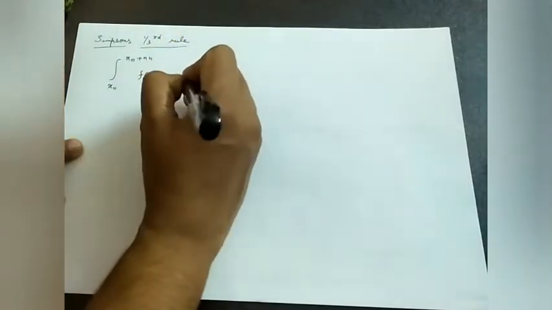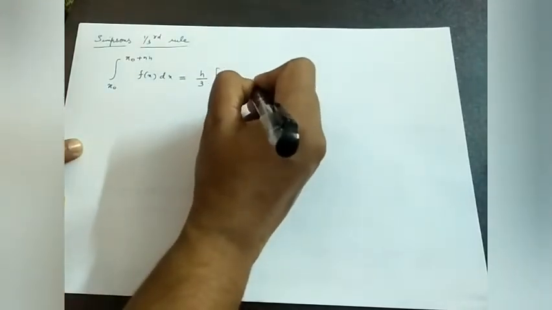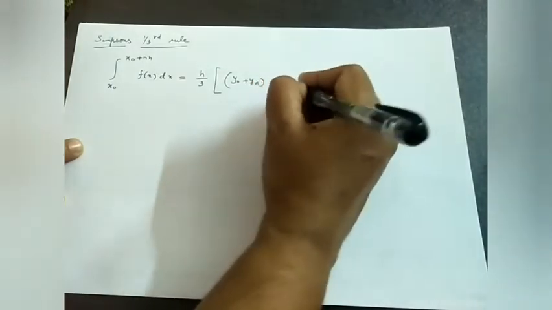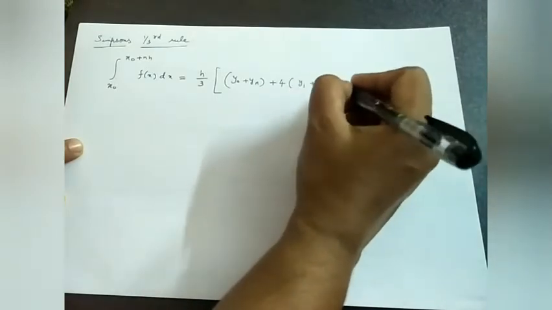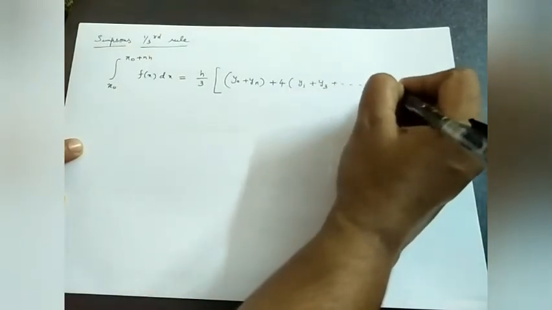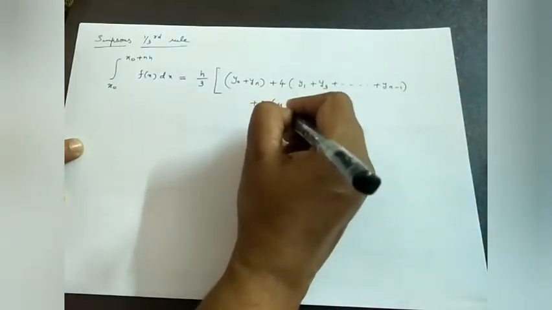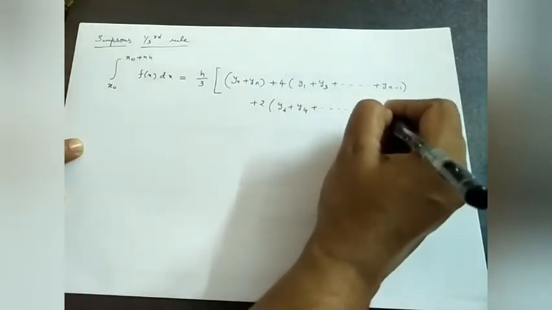That is, the integral from x0 to x0 plus nh of a function of x dx is equal to h by 3 into y0 plus yn, the first value of y and the last value of y, plus 4 into y1 plus y3 plus etc. plus yn minus 1, plus 2 into y2 plus y4 plus etc. plus yn minus 2.